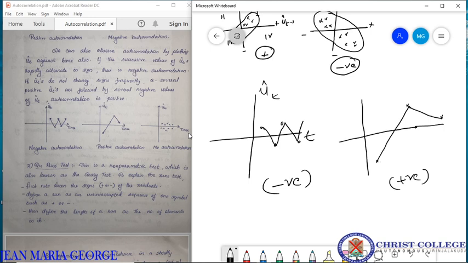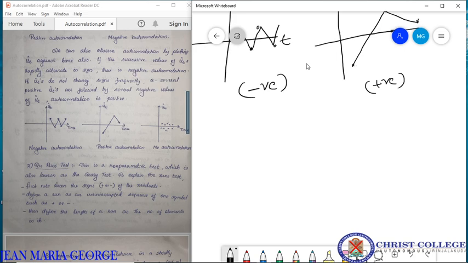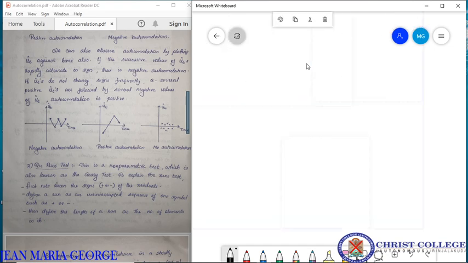So this will be a case of positive autocorrelation. And if the values are like this, then this is no autocorrelation. This is the case that we want, that is no autocorrelation. So this is the first and simple method for detecting the presence of autocorrelation.